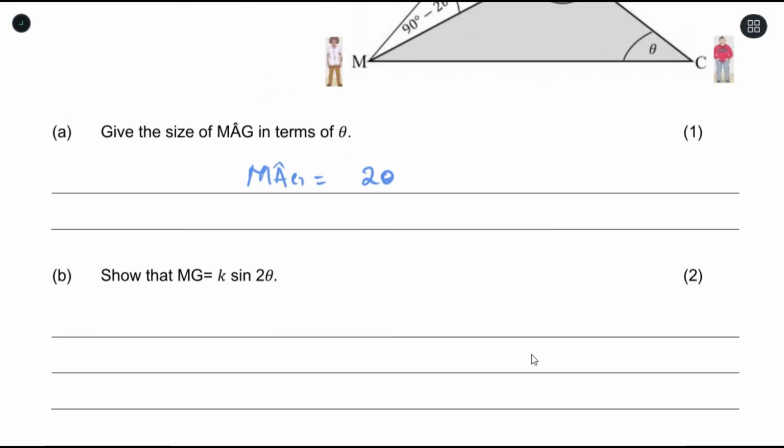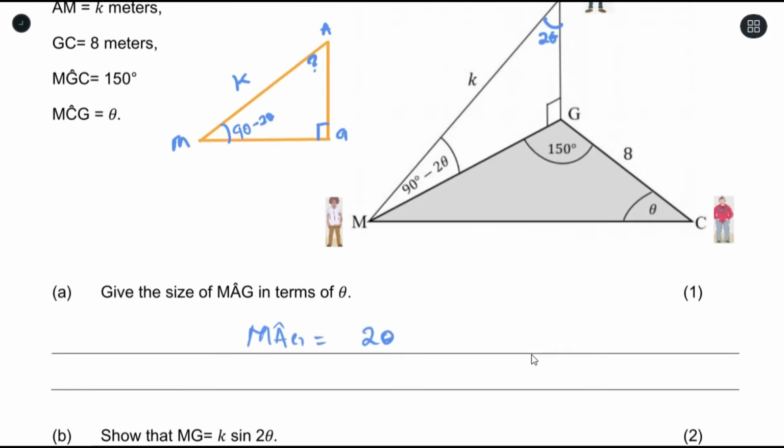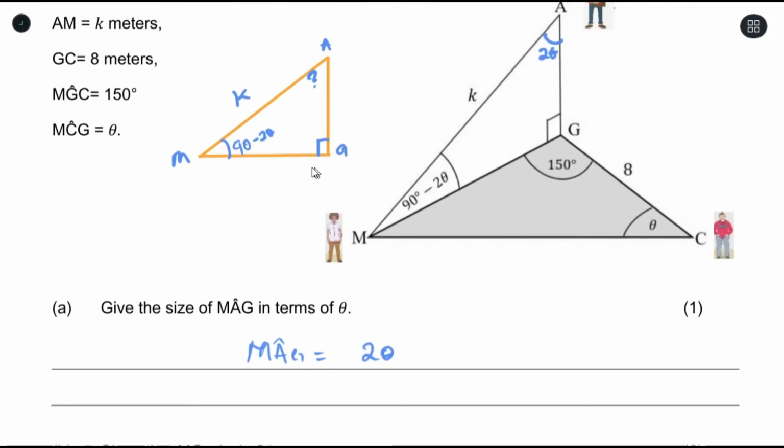The next question says show that MG is equal to K sine 2 theta. So now we are trying to find this one over here. Now that we've found this angle to be 2 theta, I can look at MG as opposite of A, and since it's a right angle triangle, we can use SOHCAHTOA.